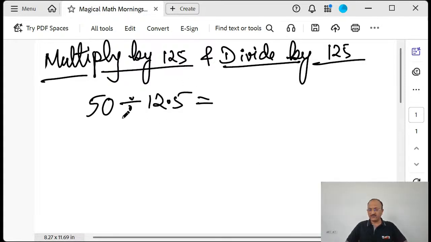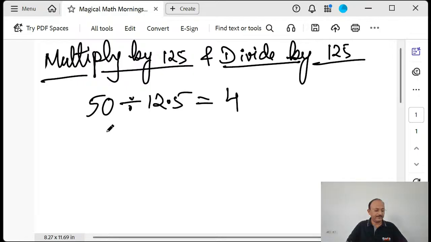It is the easiest one. 500 divided by 125. Yes, it is 4, you are right. See, 500 by 125. 500 divided by 1000 is just 0.5. Double 1, double 2, double 4. It will become 4. Correct?